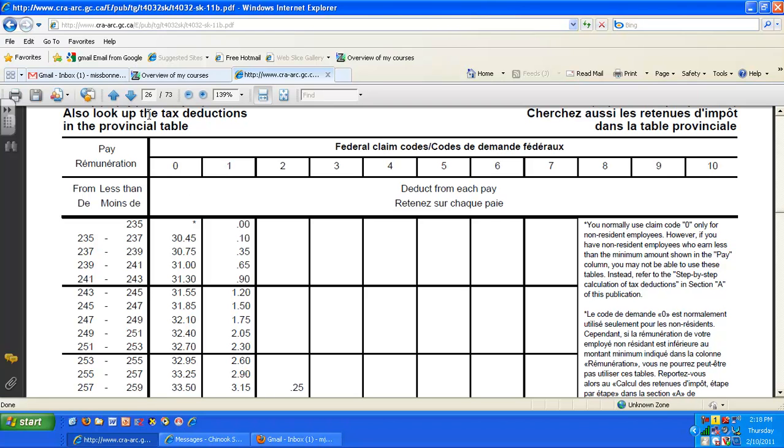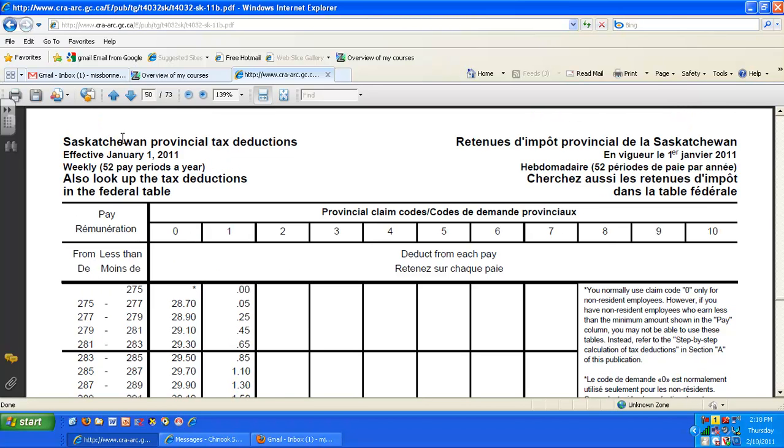Okay, after we find the federal amount, we need to find the provincial amount. So we're going to skip ahead to page 50, and you will see that it says Saskatchewan provincial tax deductions for a weekly pay period. Okay, and the amount that we earned was $256.